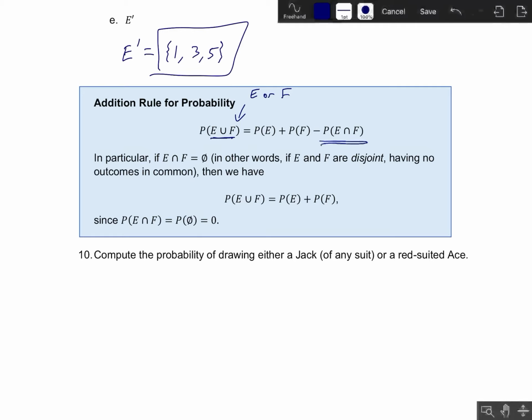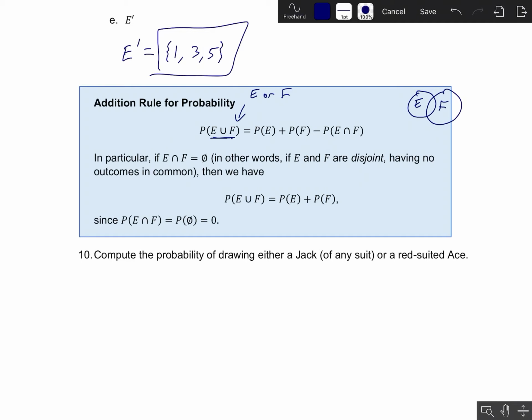So let me try to demonstrate why this subtraction part is necessary in terms of just a picture. So let's say that you have two events E and F and they have a little bit of overlap.